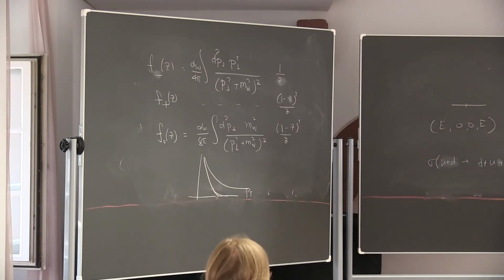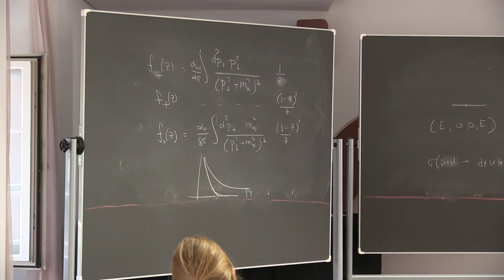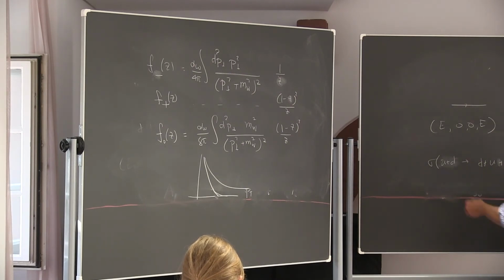And so with probability alpha w over 8 pi, you can indeed radiate longitudinal W's from fast quarks which are coming into a process. And that's very important. For example, that's what makes the W fusion cross-section in Higgs production as large as it is.